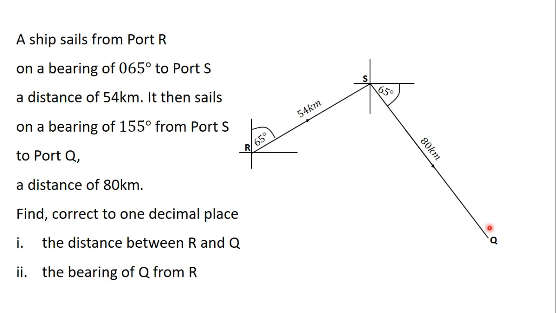When you do that, your diagram will be inappropriate and it's going to affect the answer that you are going to get. The question goes on to say that we should correct to one decimal place the distance between R and Q. So the question wants us to find the distance between R and Q and the bearing of Q from R.